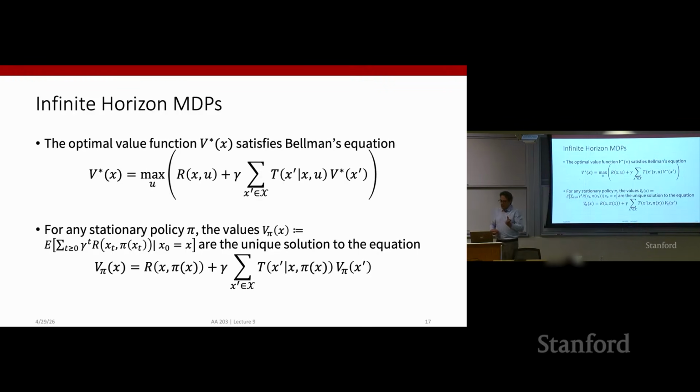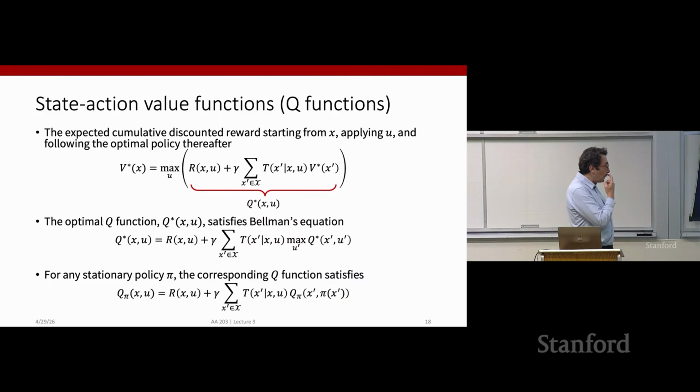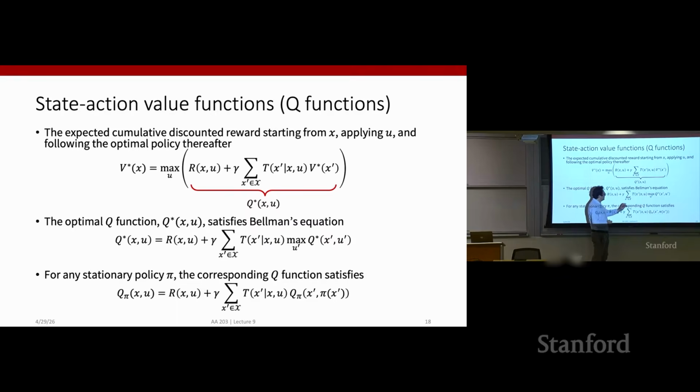And then the additional twist that we introduced last time is, what if we introduce the notion of a Q function that conceptually captures the concept of starting at x using control u and then using the optimal policy from the next stage onward?